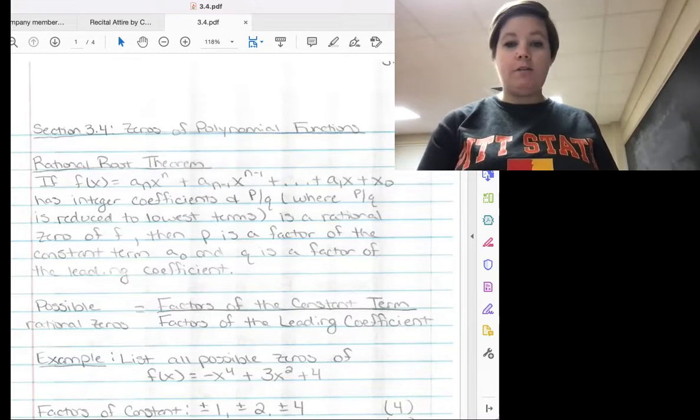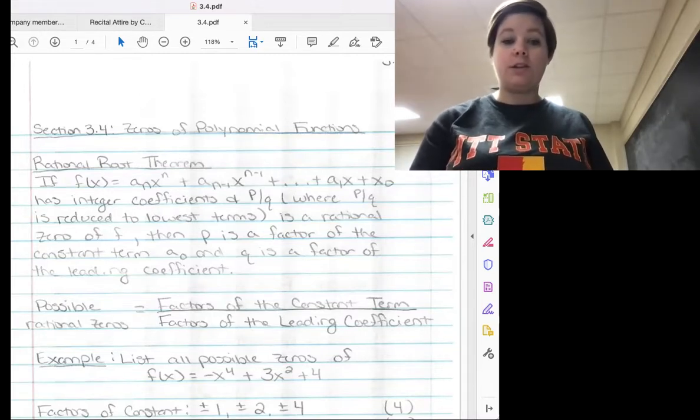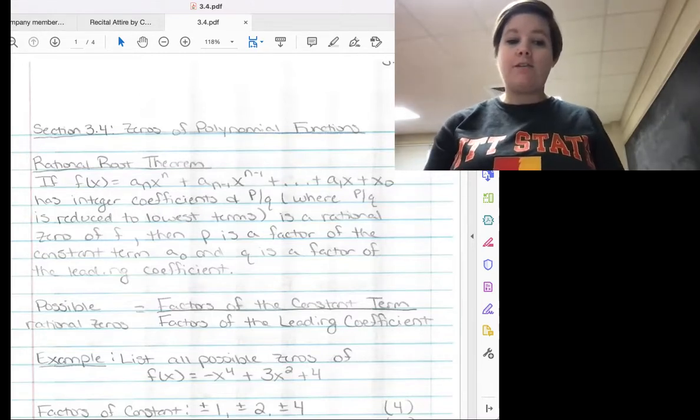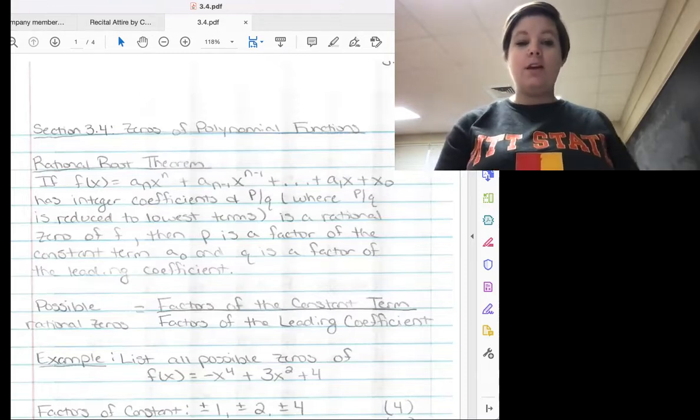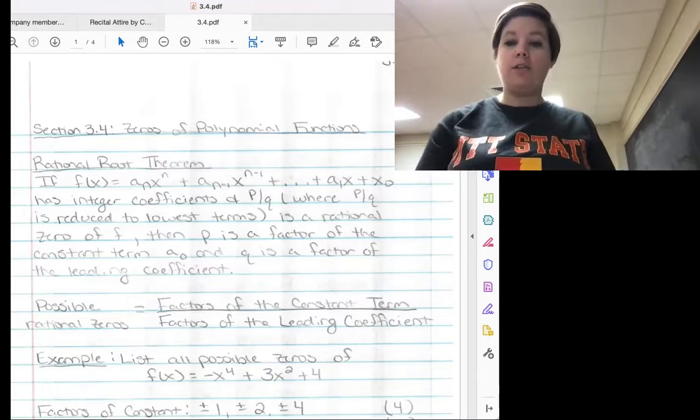If we know all of that information, then here's what we know from this theorem. We know that p then is a factor of the constant term and q is a factor of the leading coefficient.